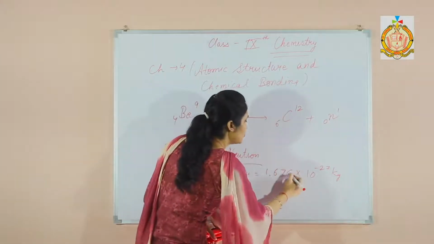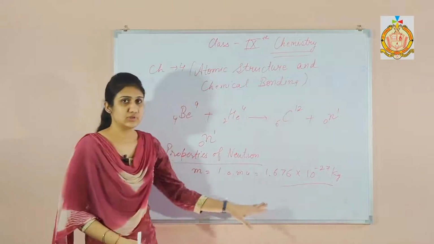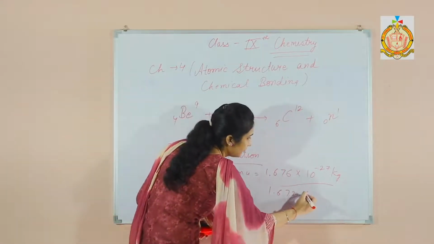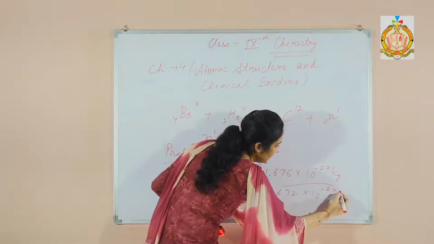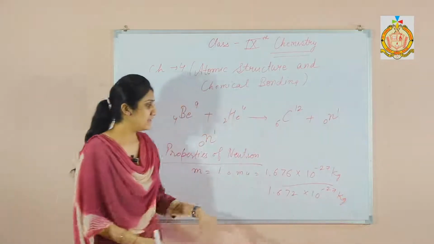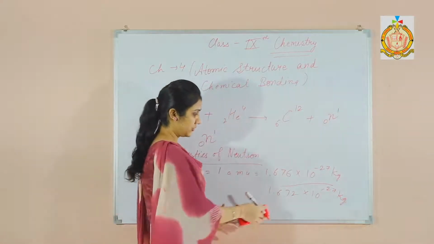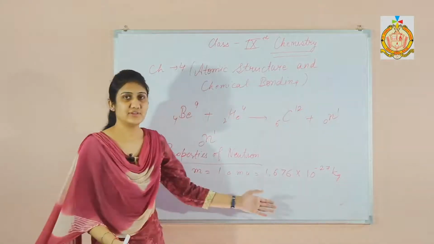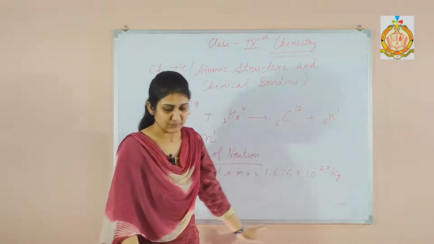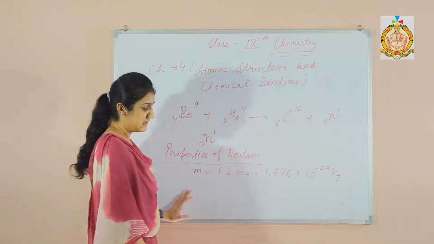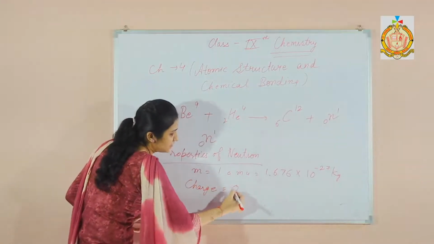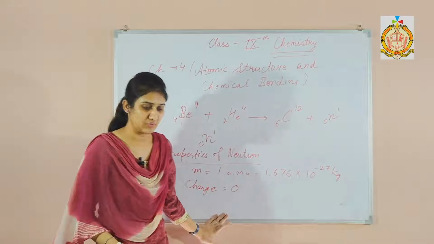This is very close to the mass of the proton, and we simply write it as 1.6 × 10^-27 kg. And the charge on the neutron is 0. So these are the properties of neutron.